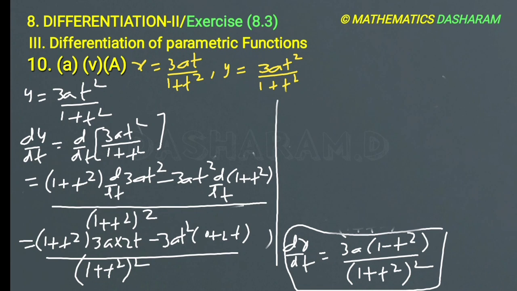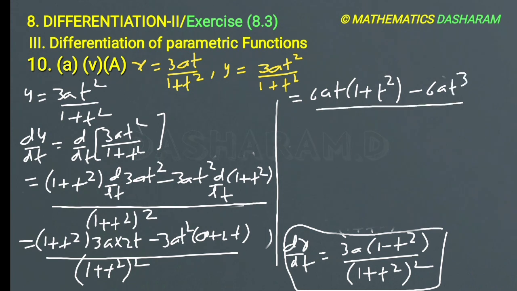So it is equal to 3 2s are 6a(1 + t²) minus 3at² into 2t, which is 6at³, divided by (1 + t²)².